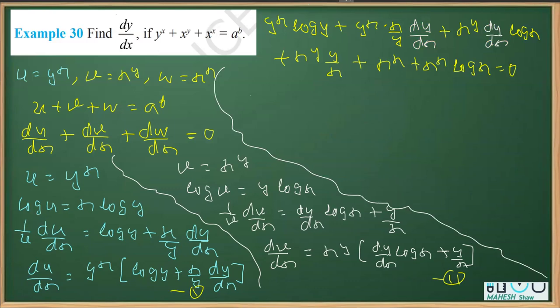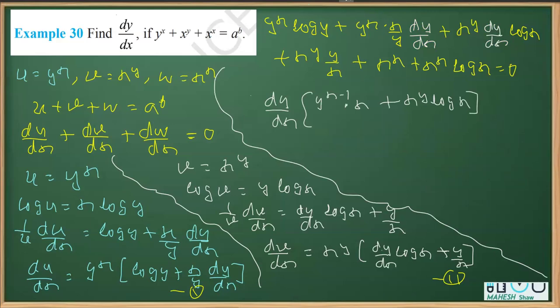So if I take dy by dx common, what we are going to get is, if I apply laws of exponent between this and this, y raised to the power x minus 1 times x. And from here, we are going to get x raised to the power y times log x.